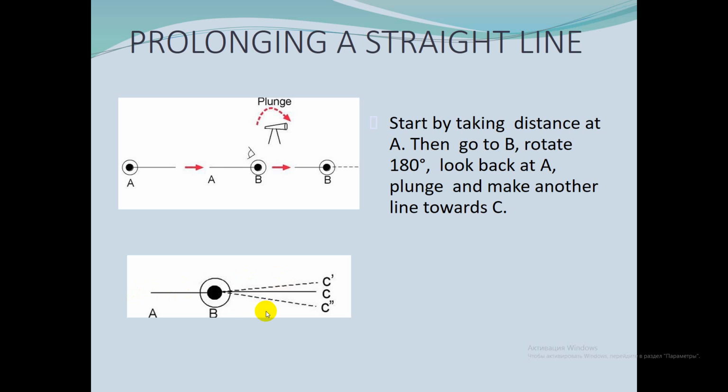The telescope is transited and a temporary mark is made at C2, adjacent to C. So to repeat, start by taking a sight at A, then go to B, rotate 180 degrees, look back at A, plunge and make another line towards C.